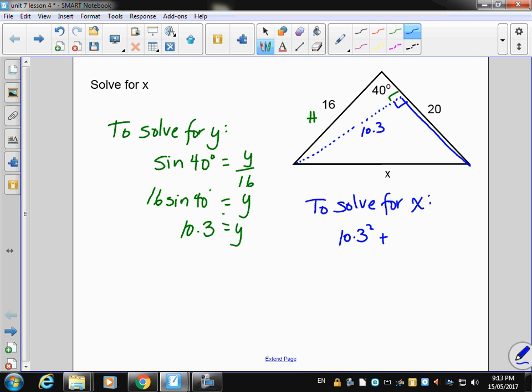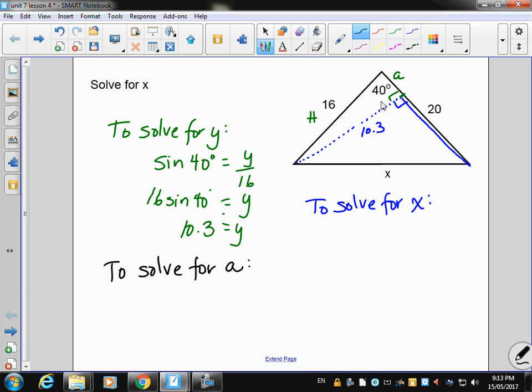So I have to backtrack for a second. I need to find little a, which ends right here, so that I know how long that side is. It's not 20. Okay, backtrack over here to solve for a.